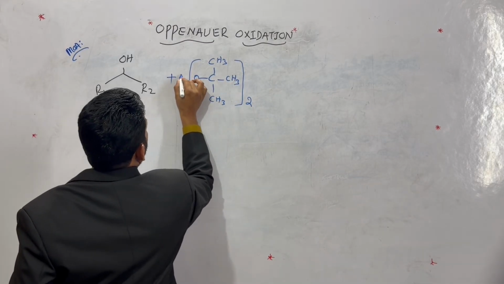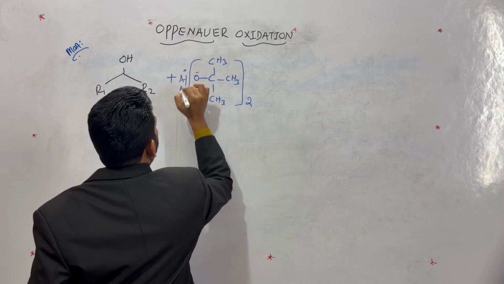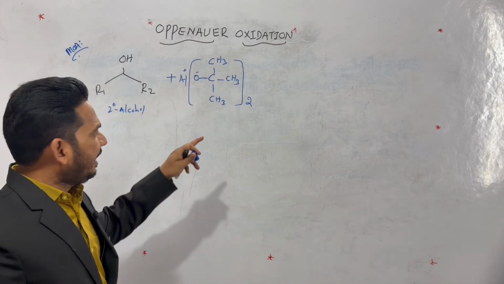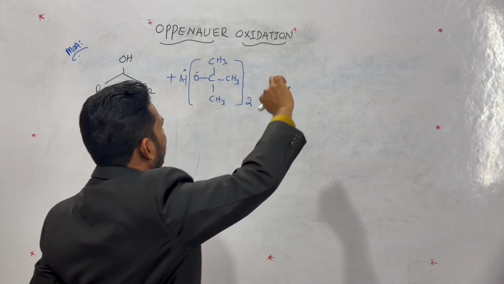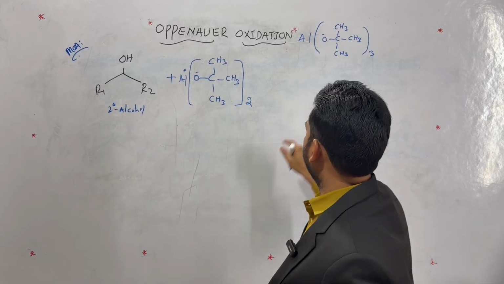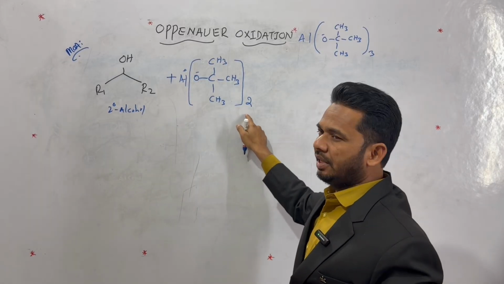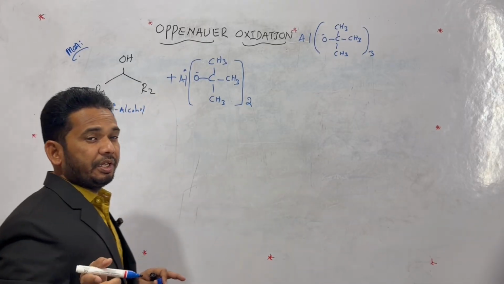Here we are taking 2 moles. But initially, in the main reaction, 3 moles are there. The catalyst is 3 moles. Here I will write, this is actually what we are using, 3 moles. But here we are taking only 2 moles. The remaining 1 mole will also come into the picture. You will see later.